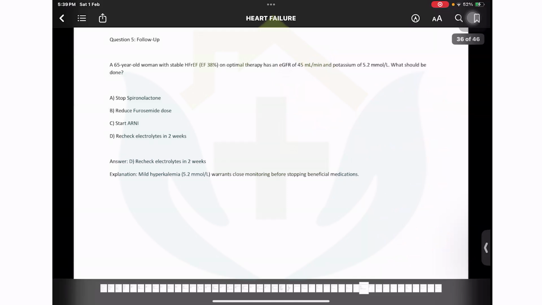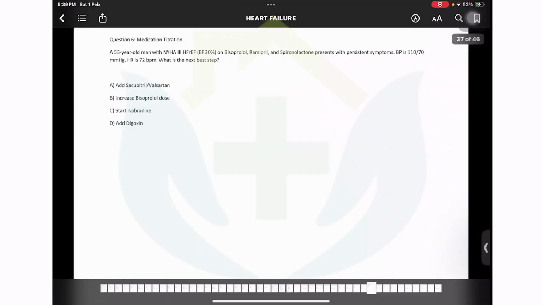So these are very minute things that you will fine tune yourself when you do practice. So having a potassium of 5.2 in a patient of CKD stage 3B is okay, not bad. You can give them K-bind sachet, they can have nebulization. Why? To stop spironolactone. Okay, we should not be doing away with the good medication that the patient is on.